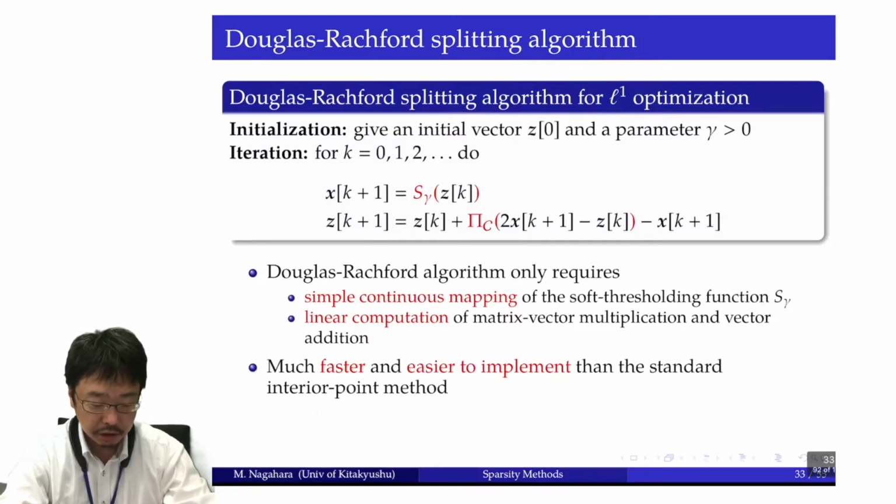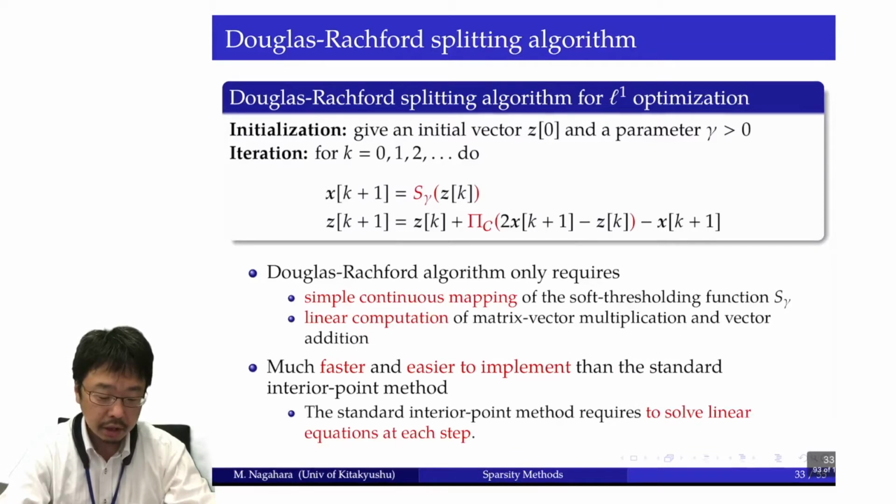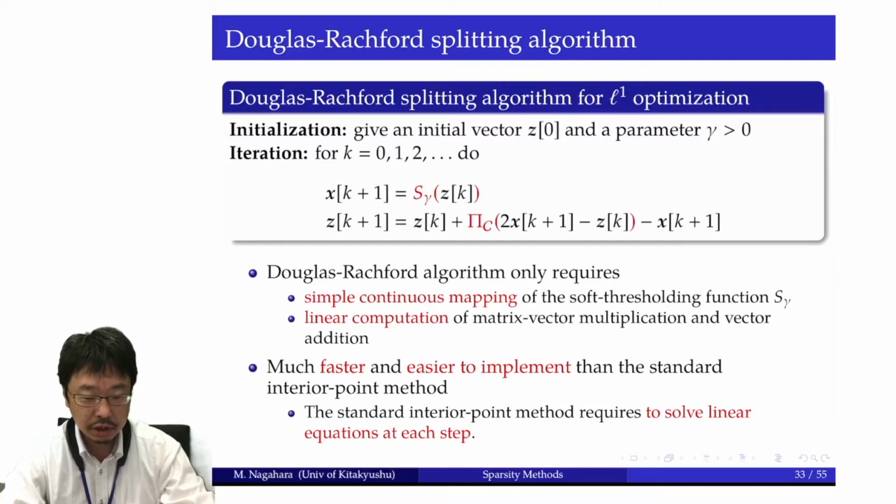This is much faster and easier to implement than the standard interior point method. The standard interior point method requires solving linear equations at each step. Instead, we don't need such a heavy process in the splitting algorithm here.